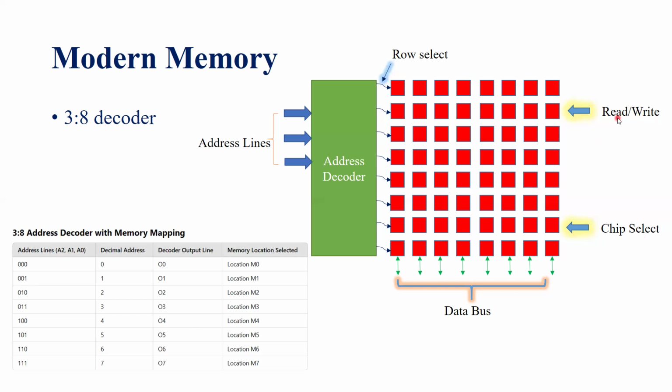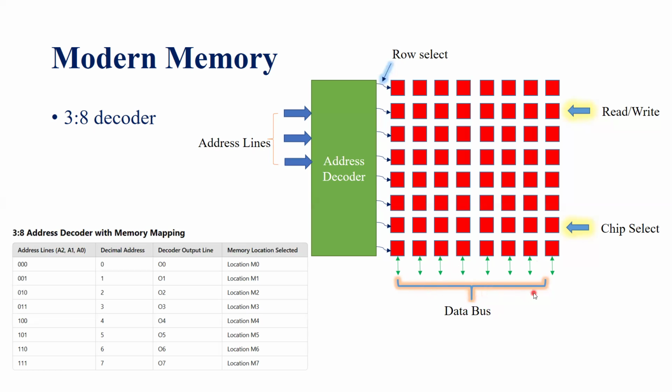Once you decide whether you want to read or write data, you have this data bus. You see the bidirectional arrow. The bidirectional arrow indicates you can either read the data from the memory or write the data inside the memory.